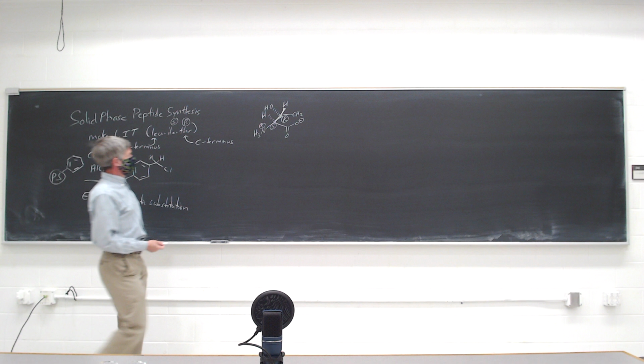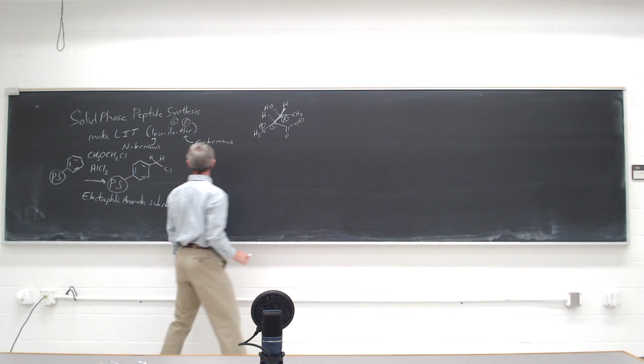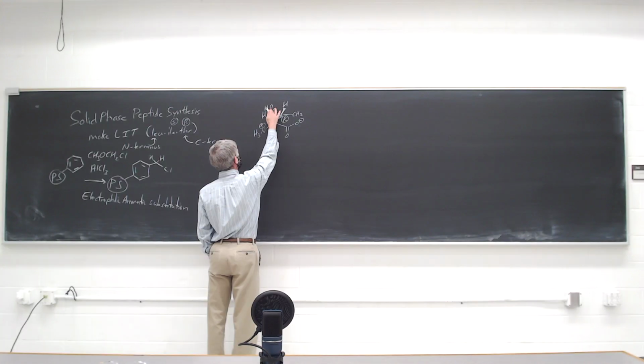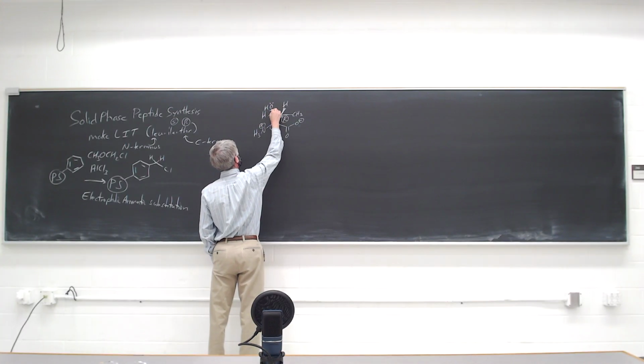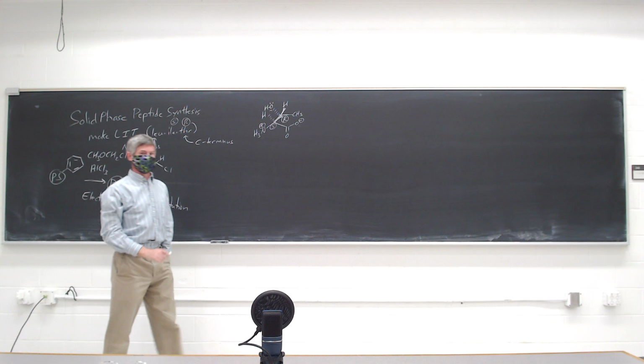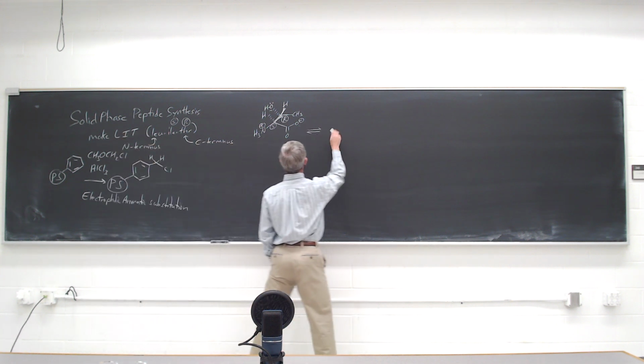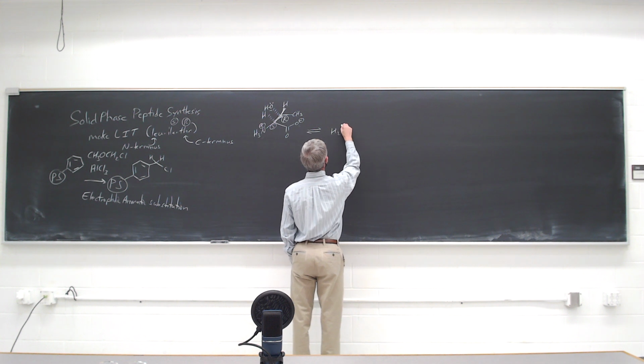Problem is, in addition to this nucleophile, which is what we want to displace the chloride with, we also have the oxygen lone pair on the OH group, and we also have the NH3 plus. And we always have an equilibrium where we have some of the free amine as well.